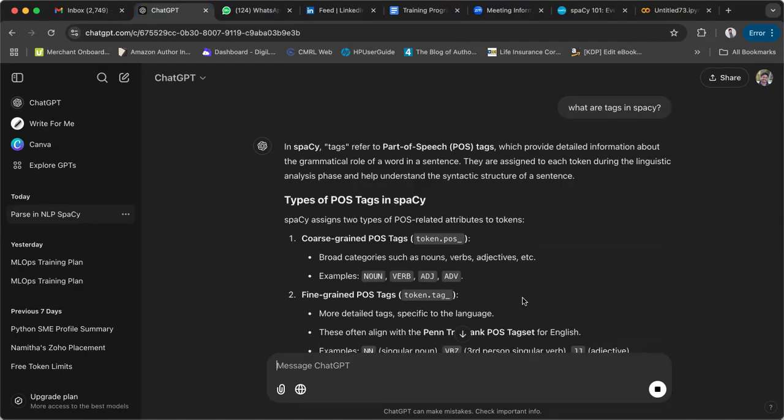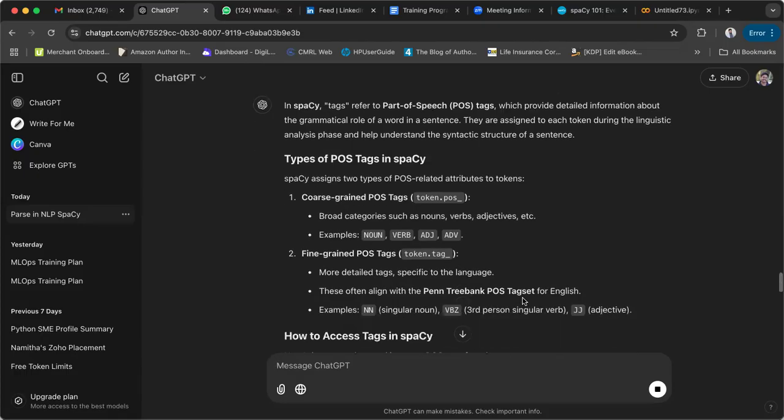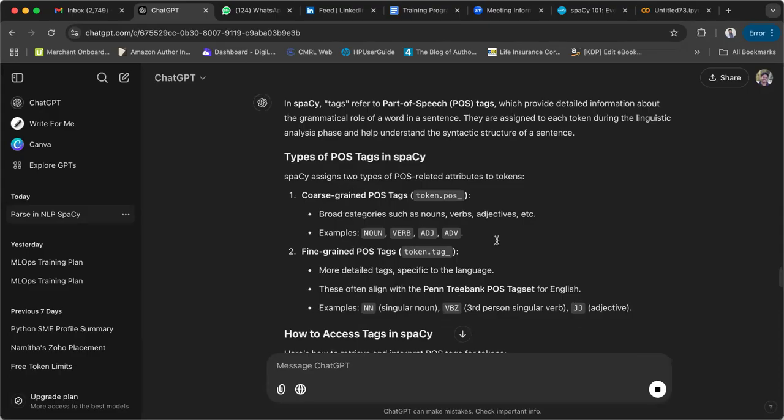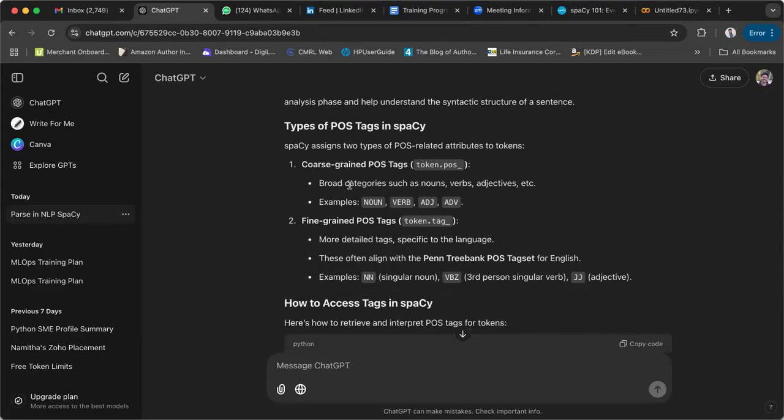The tags refer to part of speech tags which provide detailed information about the grammatical role of a word in a sentence. They are assigned to each token during the linguistic analysis phase and help understand the syntactic structure of a sentence. So these are the types of POS. Okay.